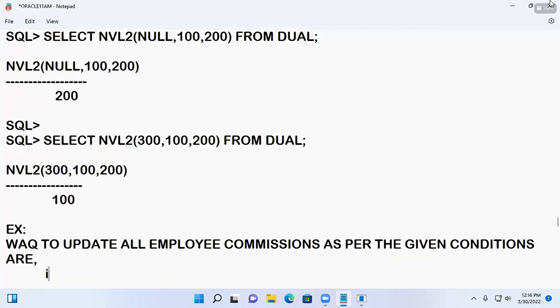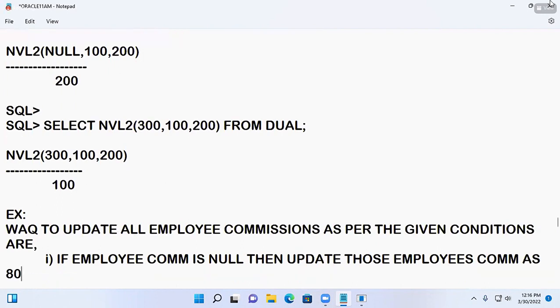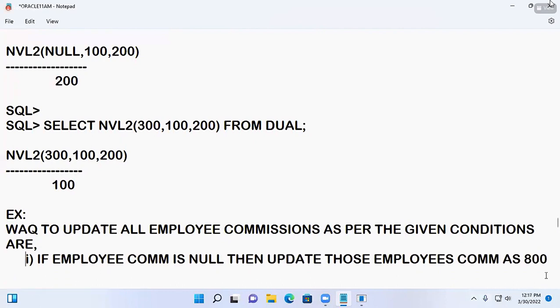My first condition: if employee commission is null, then update those employees' commission as 800 rupees. How much for the first condition? 800 rupees.